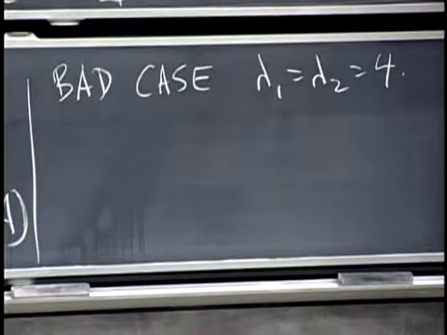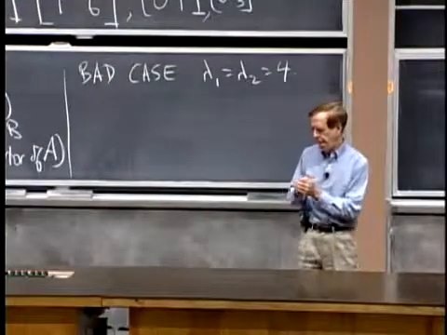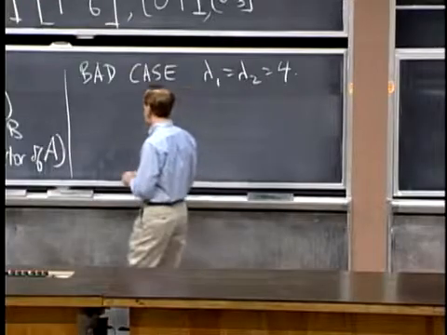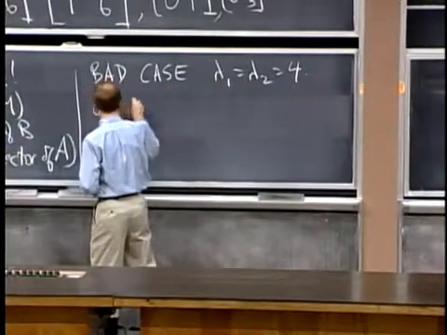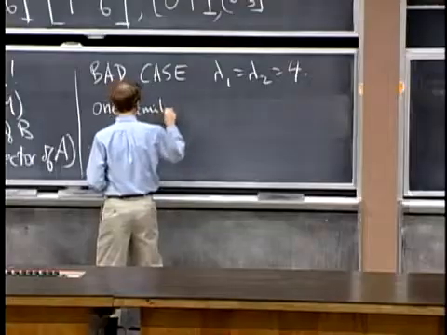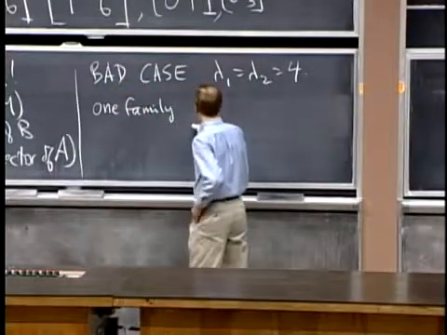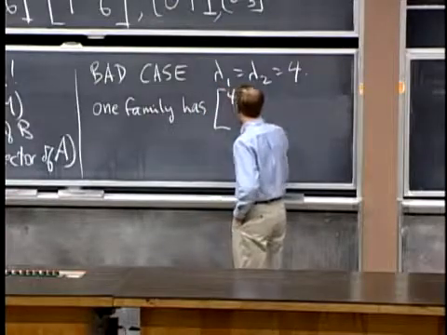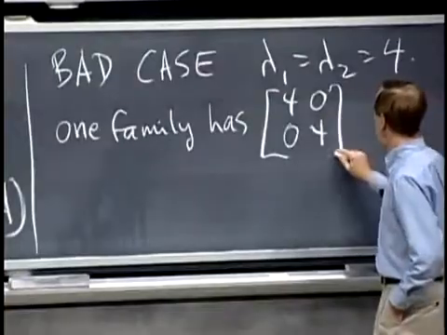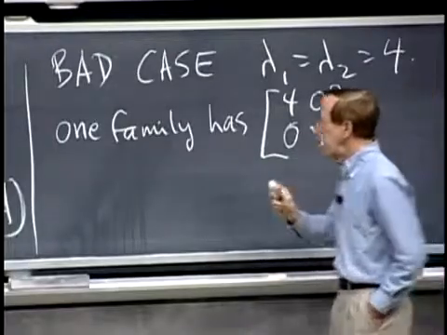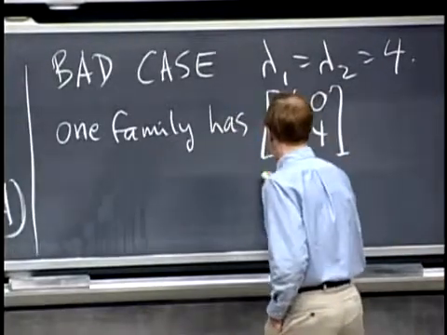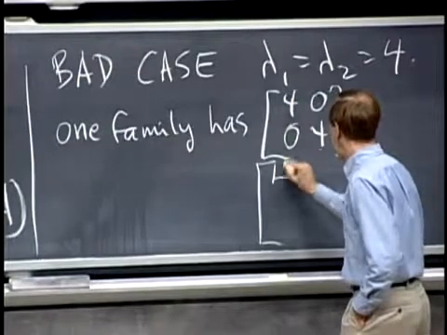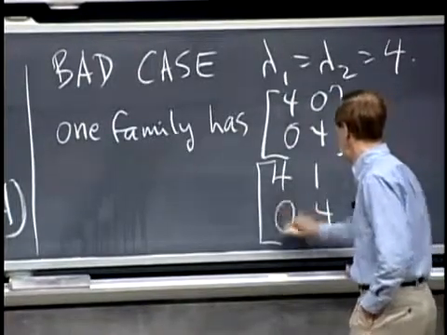Now, if I look at the family of matrices with eigenvalues 4 and 4, well, one possibility occurs to me. One family with eigenvalues 4 and 4 has this matrix in it, 4 times the identity. Then another, but now I want to ask also about the matrix 4, 4, 1, 0.